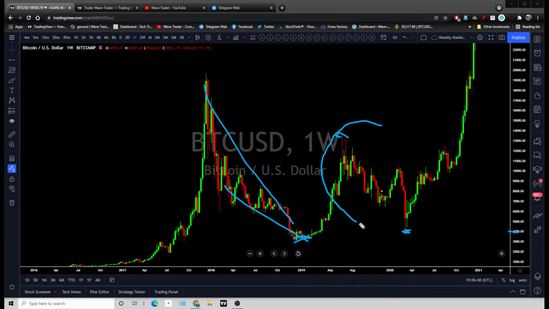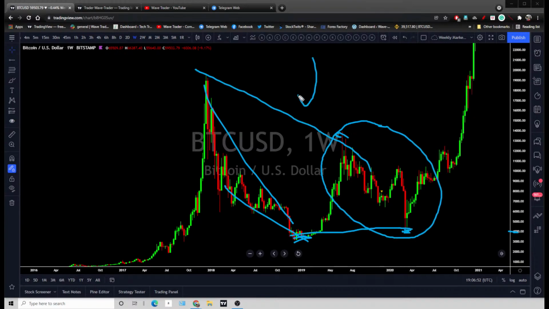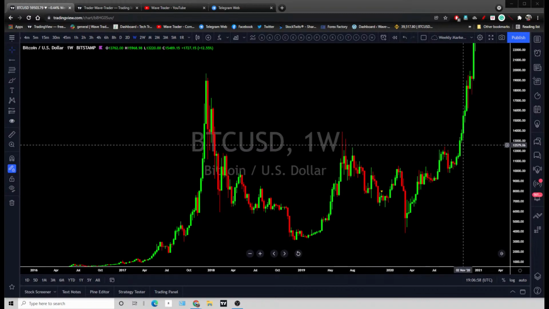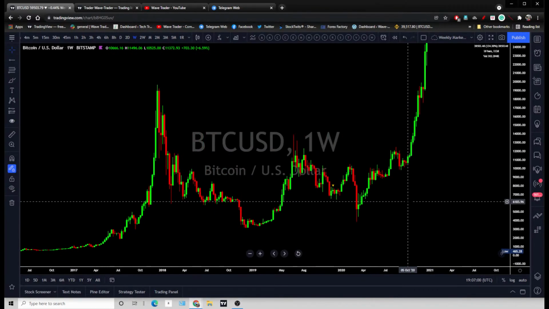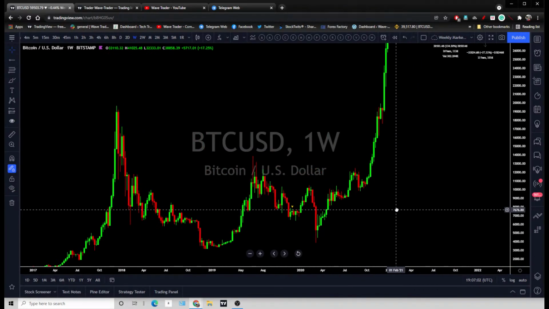So this cycle, the whole cycle on BTC or the whole crypto market, is due when the Fed is going to take their support away from the market and say that they are going to fight the higher inflation.